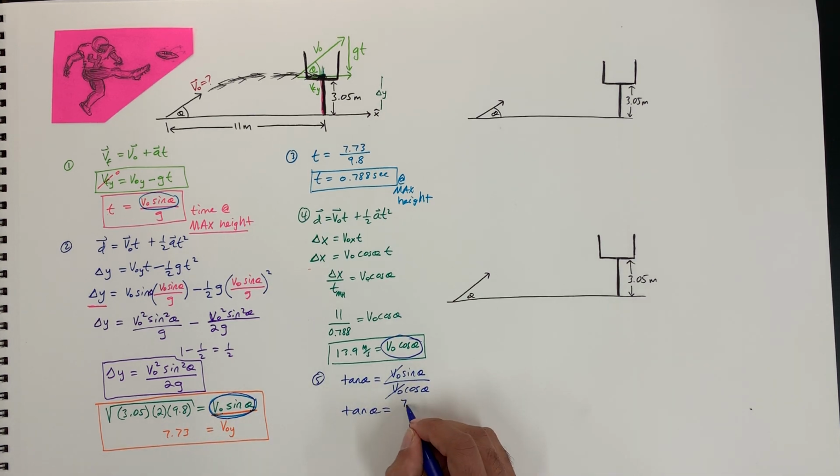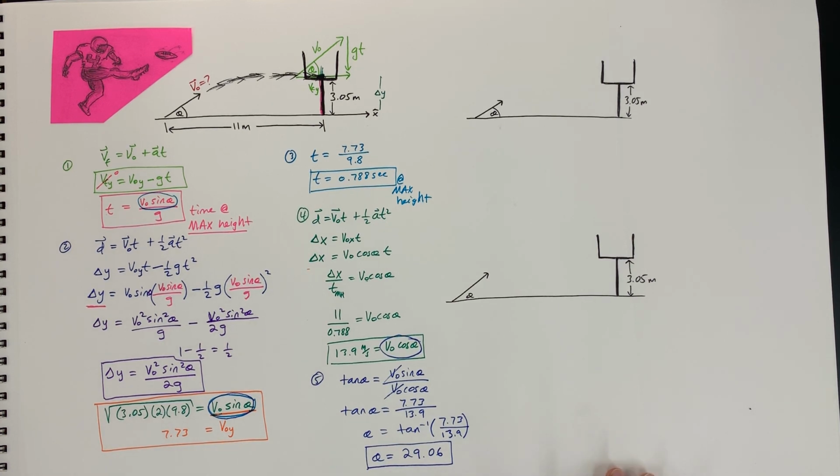Here we have 7.73 meters per second, and for the cosine part we have 13.9 meters per second. And if we do inverse tangent of these values, we can finally get an angle of 29.06.